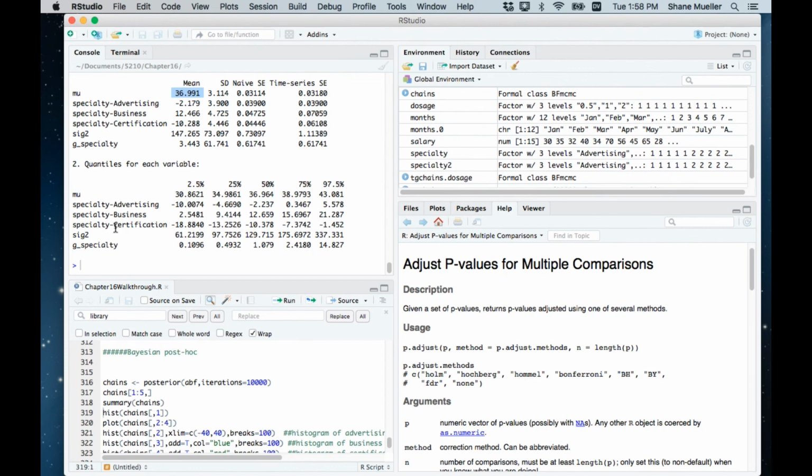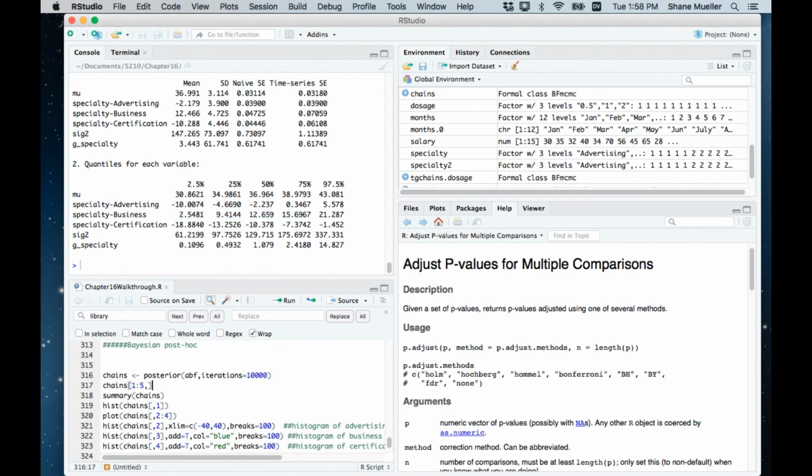So you can see that the 95% range of possible values for business and certification don't overlap at all, but advertising overlaps with each of those. So this tells a little different story. The most likely parameter values for advertising overlap a little bit with these other two, and we can't really be confident that they are that different.